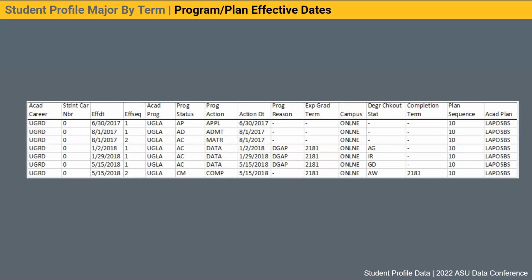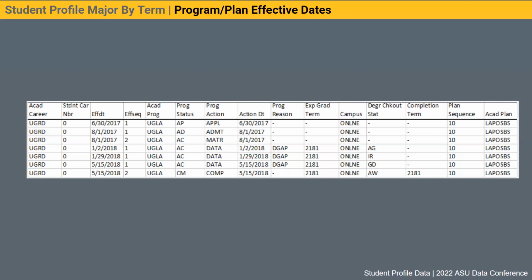Way at the beginning, I said that for enrollment reporting, we decided to use the effective date as of the term start for reporting what college and major a student is in, because that is what the enrollment engine uses, and that's what the tuition and fee calculation engine uses. So because of those important processes, we use the same thing here. So this is what a student's program plan stack looks like.